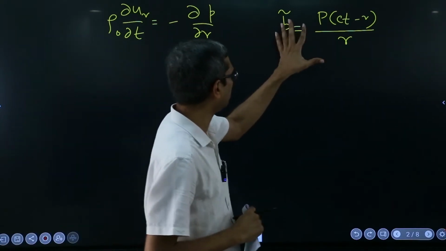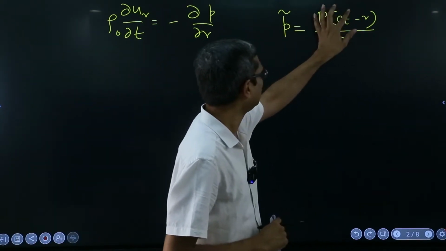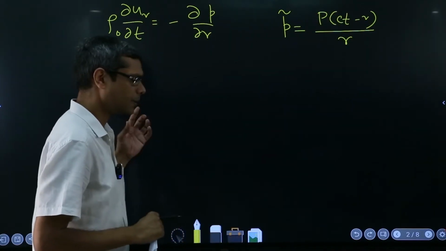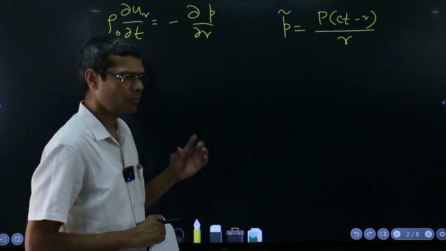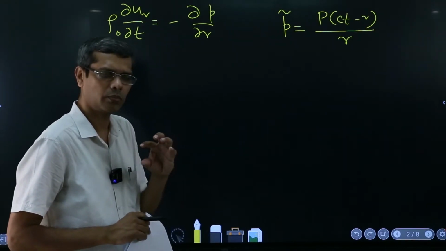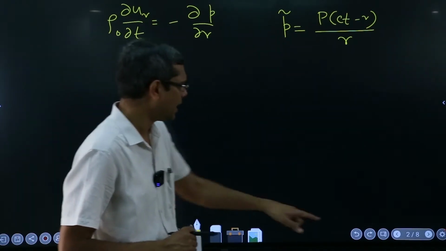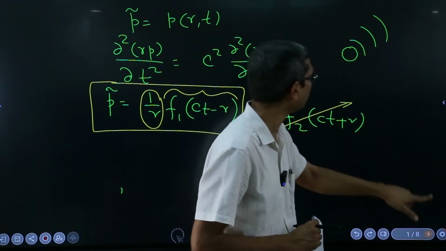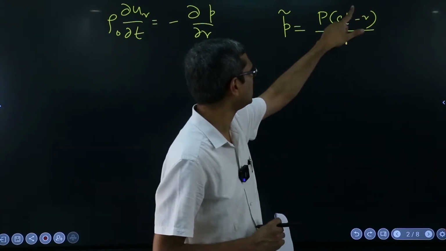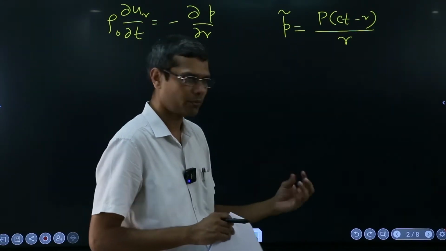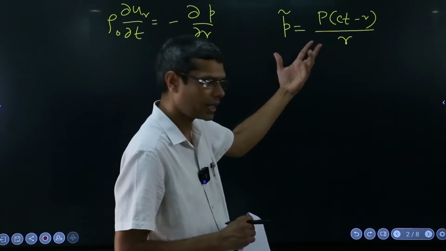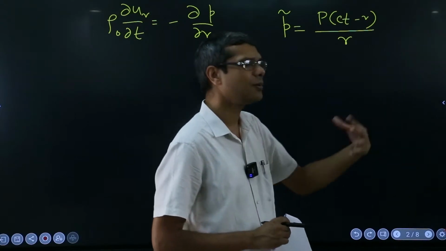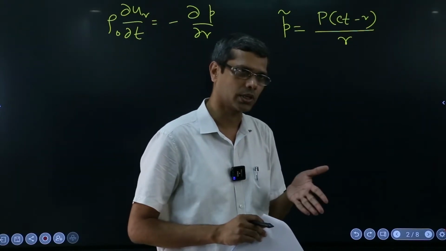Why we are writing it like this is that there is some function which we are trying to evaluate from the boundary condition at the surface of this sphere. That is our objective now. At r equal to a, if the radius of that sphere is some value a, this can be evaluated from the condition at that location.